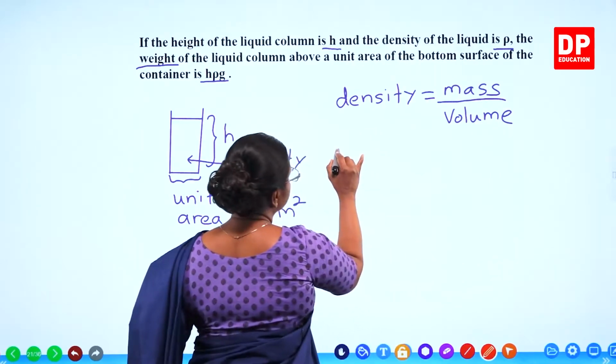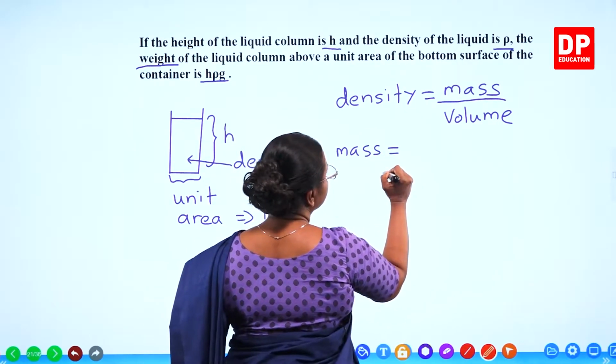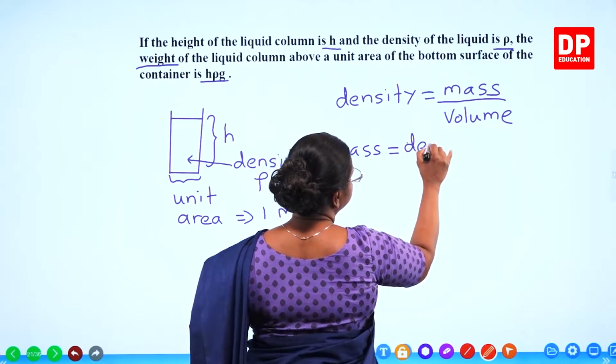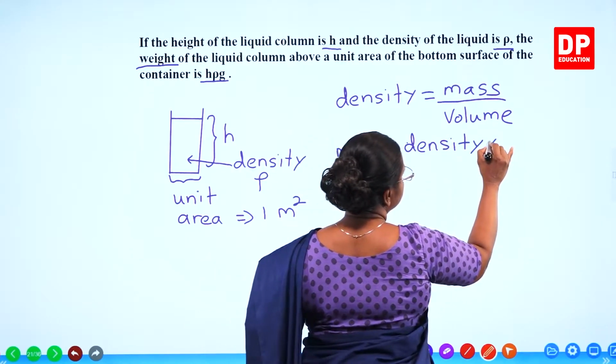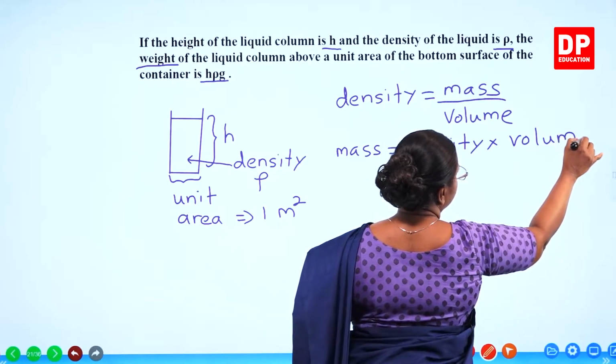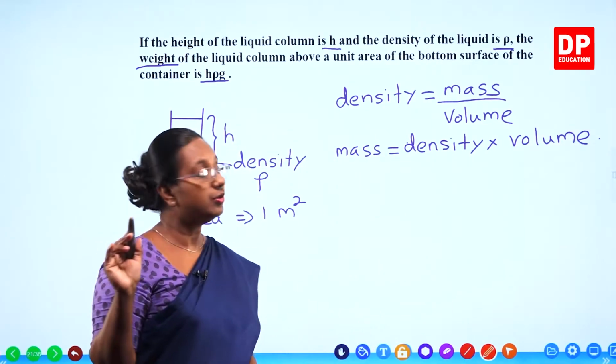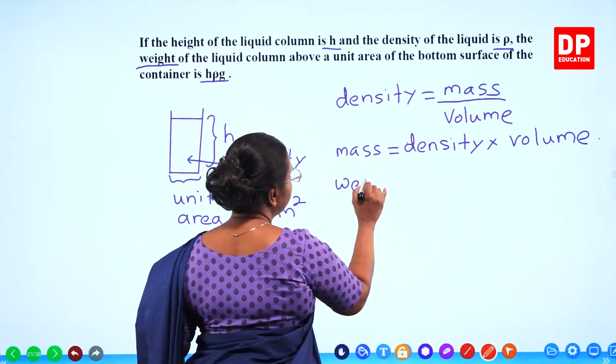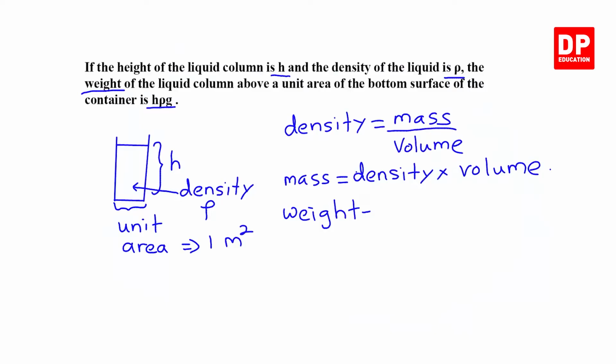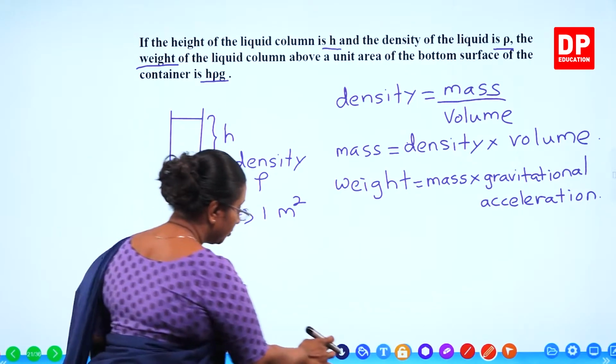So if we rearrange, mass is equal to density into volume. That is one equation we are going to use. Then you all know weight is equal to mass into gravitational acceleration. These are equations that you have learned before.